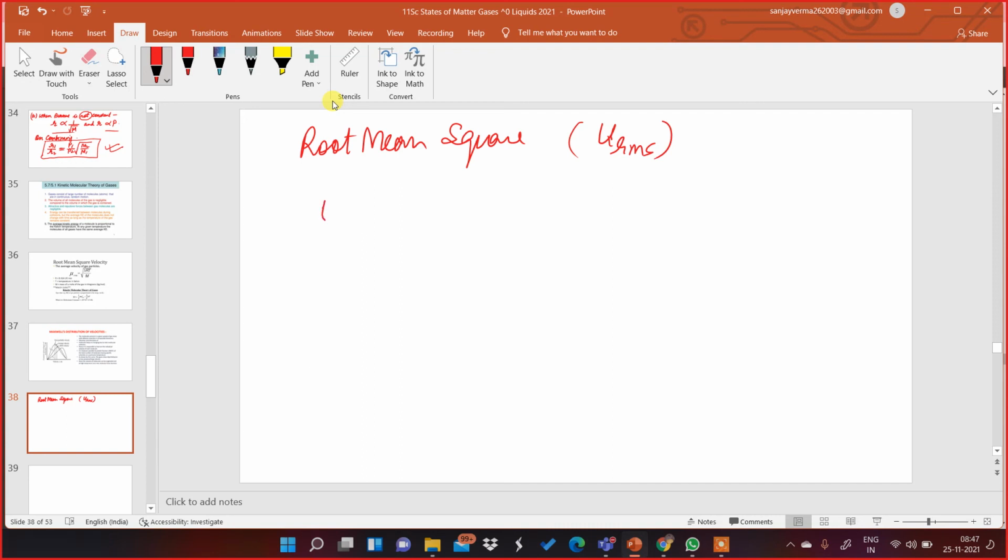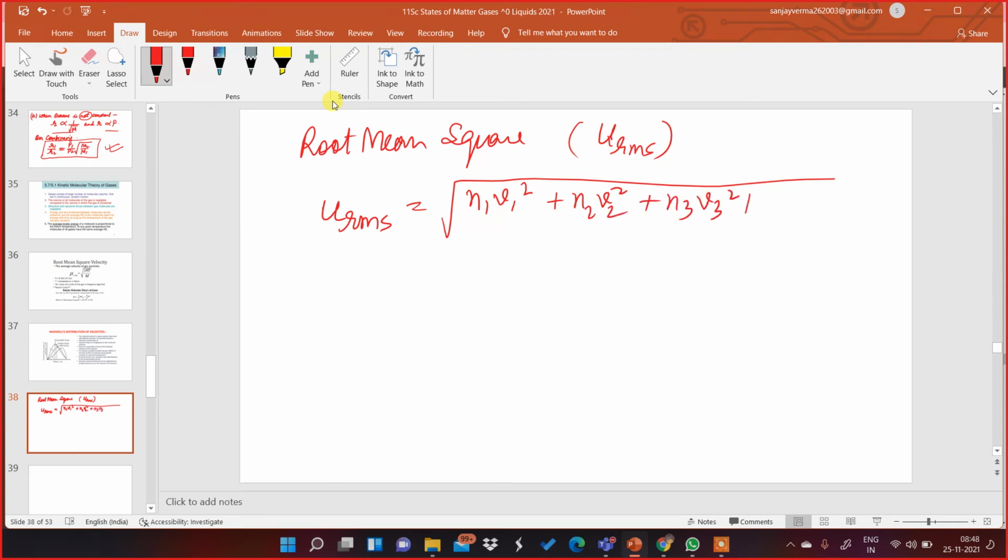So the formula is like this: URMS is equal to under root N1 V1 square plus N2 V2 square plus N3 V3 square, and it goes on, of all the gas molecules, divided by N1 plus N2 plus N3 plus it goes on.